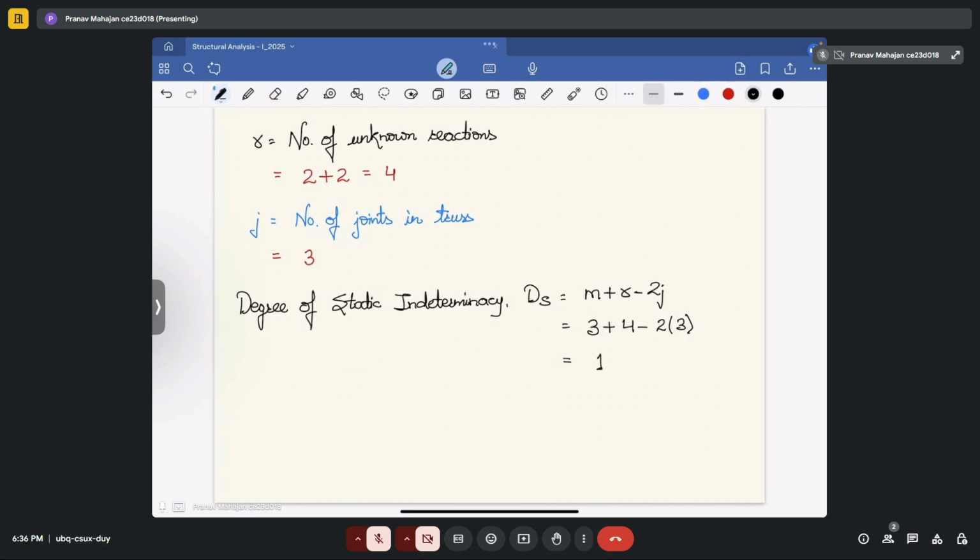So your indeterminacy will become 1. So that means you have a degree of static indeterminacy equal to 1.